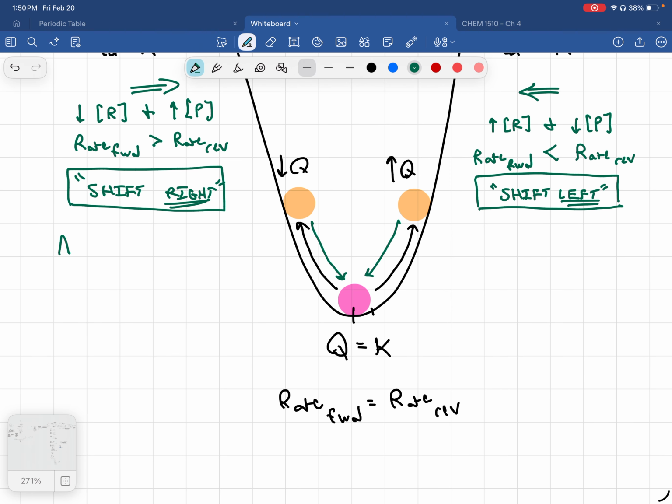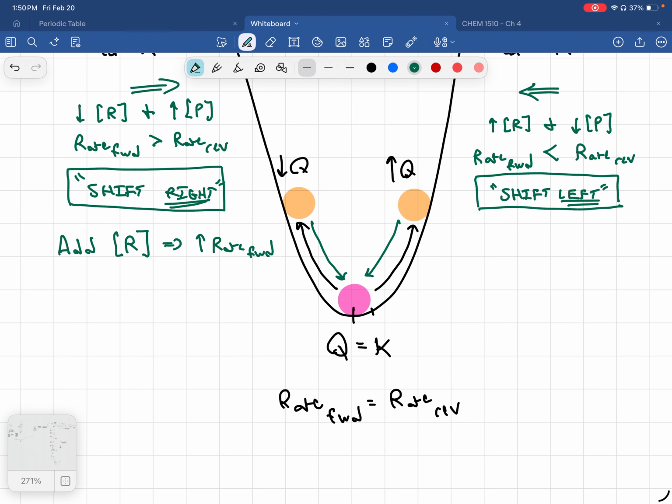Well, if I add reactant to the system, that will cause the forward rate to increase without initially affecting the reverse rate. And so to offset that, the reaction will have to decrease the concentration of all reactants and increase the concentration of all products, because the forward rate is now faster than the reverse rate.